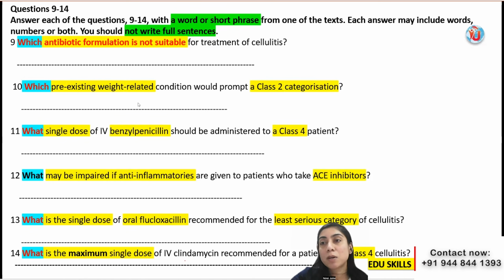So there is some synonyms used for the least serious category. That we already marked. 14th, what is the maximum single dose of IV clindamycin for patient with a class 4 cellulitis?